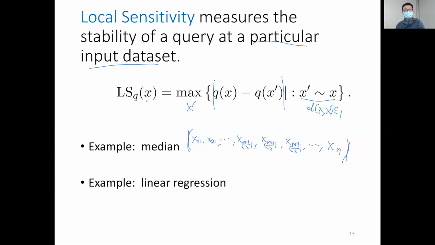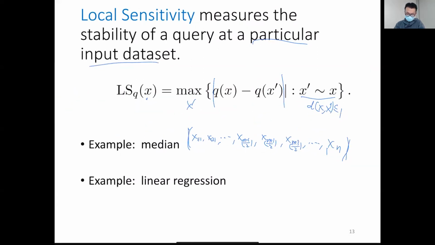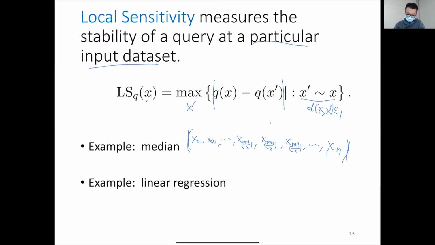So can anyone tell me a way of modifying this data set by just one entry such that it changes the median, right? So again, this is a sorted sequence. This is a median. What is the worst possible way of modifying the data set such that the median would move to the largest extent possible? Anyone? Modify the median itself.